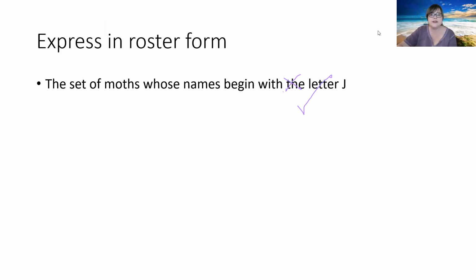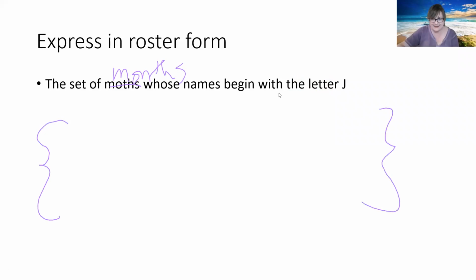Now, I want to express in roster form the set of, not moths, oh my goodness, my typing, that should be months, whose names begin with the letter J. So let's fix that right there. This is months. Okay, so to denote a set, I need to do curly brackets.